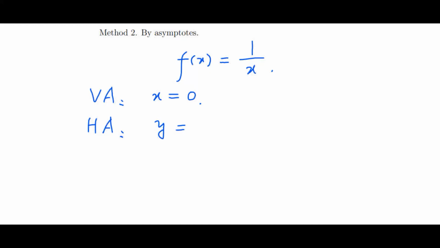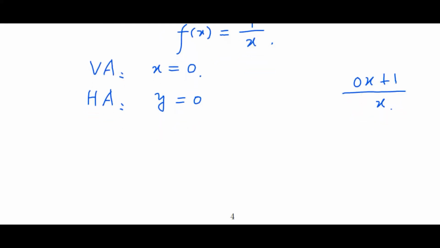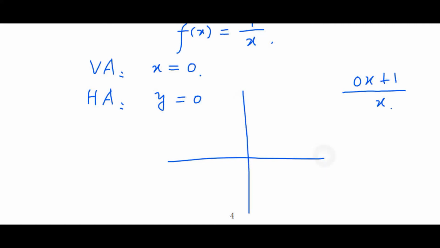So the numerator is just 0x and the denominator is 1x. For this horizontal asymptote, we just check x over x, so just 0 over 1, which is 0, right? Okay, so we have those two asymptotes, x equals 0 and y equals 0. So x equals 0 is just the y-axis, and y equals 0 is the x-axis.